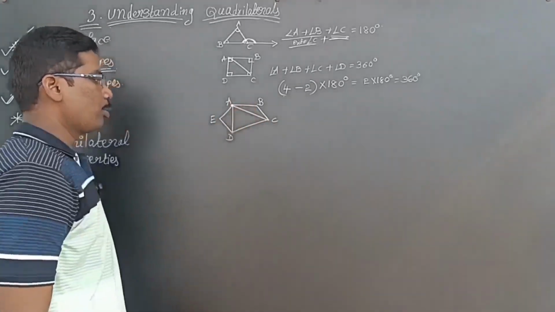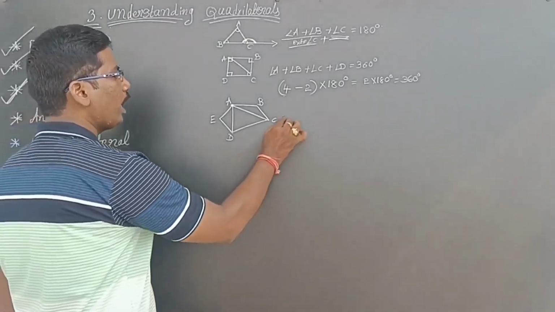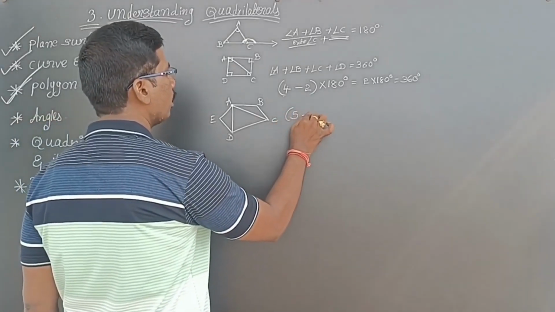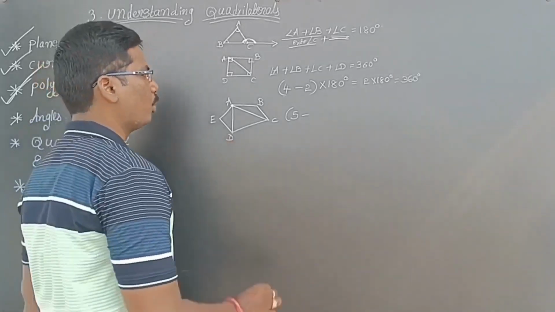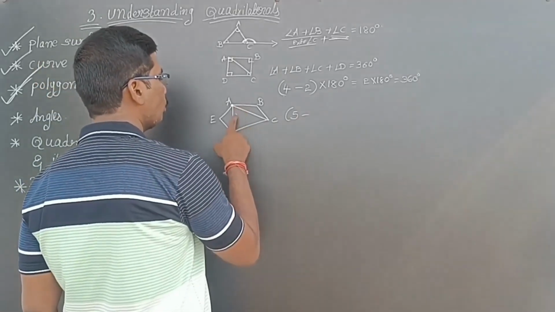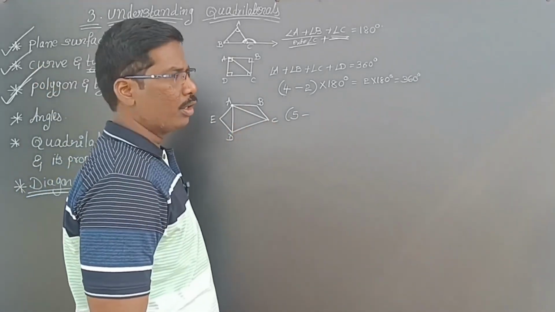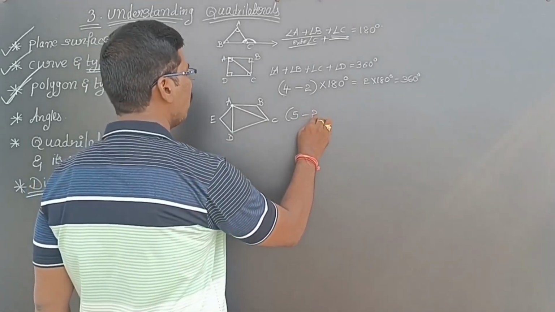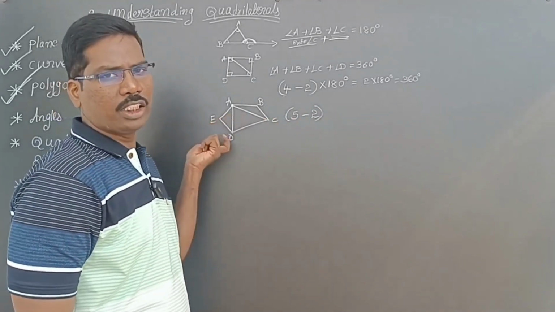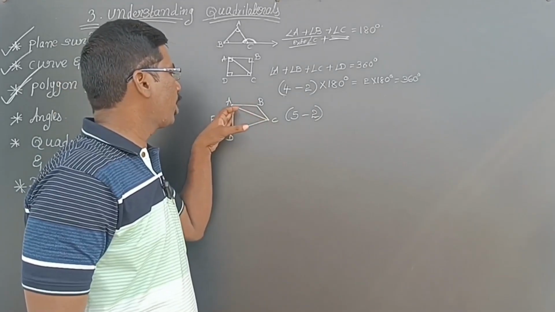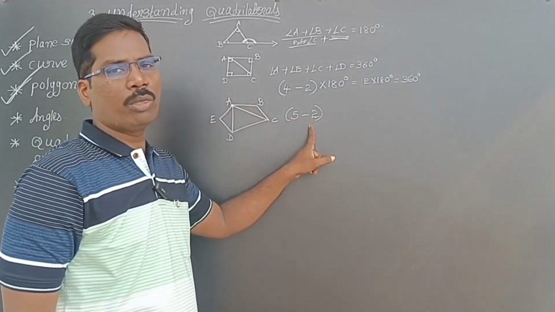How many sides are there? 5. Whatever the number of sides, you only do minus 2, because only 3 triangles are there. So 5 minus 2 is 3.